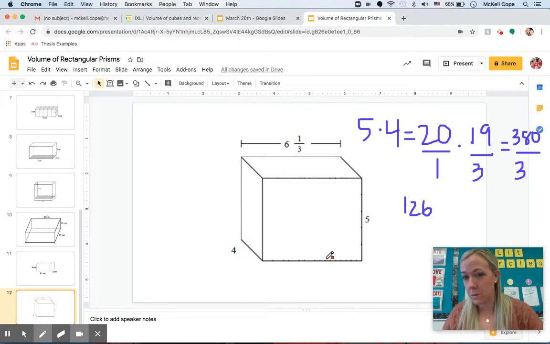So I take 126 times 3, we have 378, which gives us 2 left over. You're going to forgive how ugly I'm writing with a mouse pad. So our total answer is 126 and 2/3. So that's how many cubic units will fit into this entire rectangular prism.